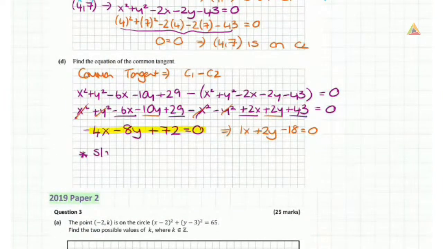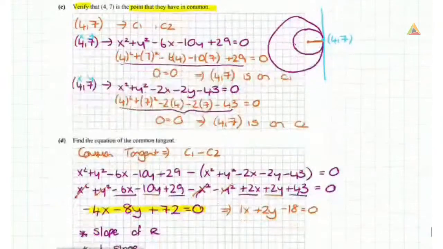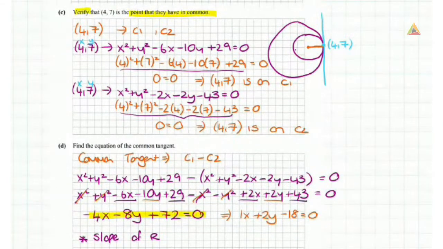So you could find the slope of the radius, and we're going to flip it and change to a perpendicular slope, because remember we said that the radius is always perpendicular to the tangent at the point of contact.